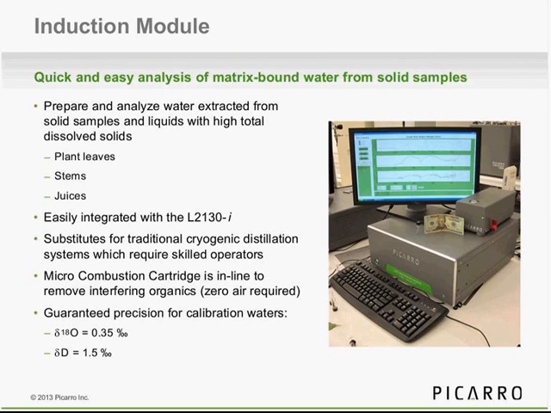So we are quite happy with this system. It's not to say it can be used for absolutely everything. You do have to do methods development to make sure it's working well and extracting all the water out of your sample type, but it's certainly a tool that can substitute for cryogenic distillation if you don't have access to a vacuum line.